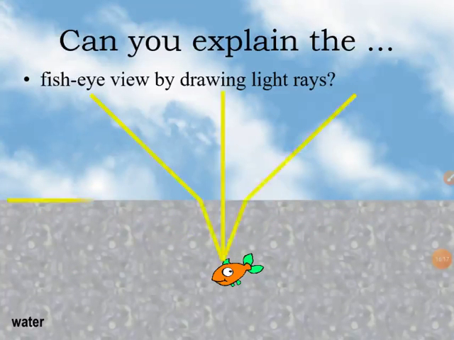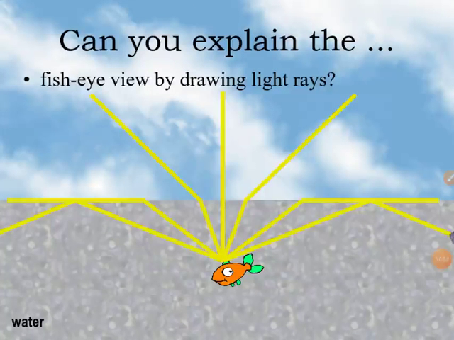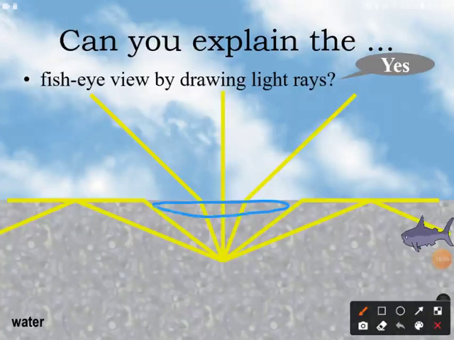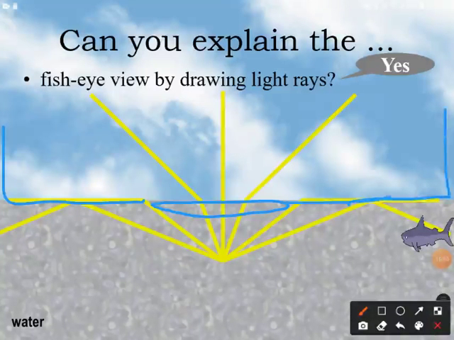A light ray which is coming from above the water can also be easily seen. Its cone of view is also here. All those light rays coming from this portion can be seen by the fish.